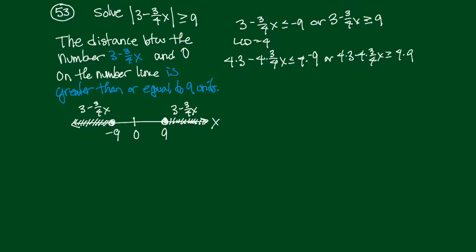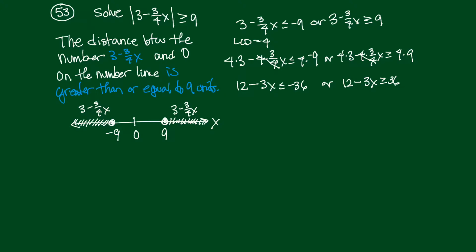So over here on the left, let's simplify. How about 12 minus, now look, those 4's cancel, and we are left with 3x. 12 minus 3x less than or equal to -36, or over here, 12 minus 3x greater than or equal to 36.